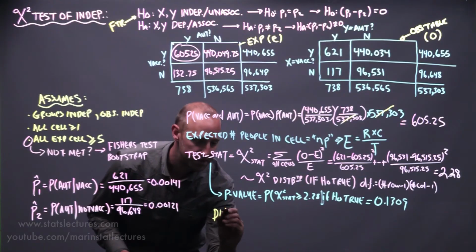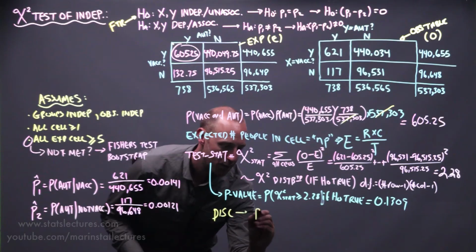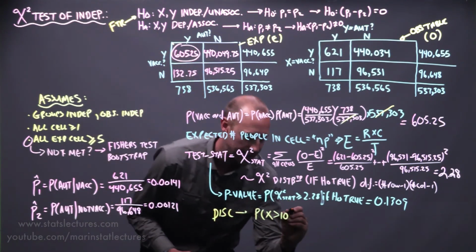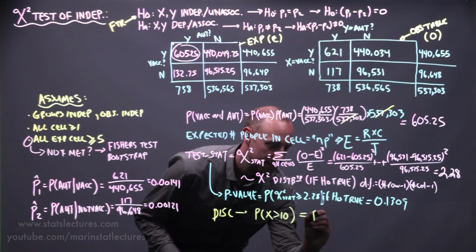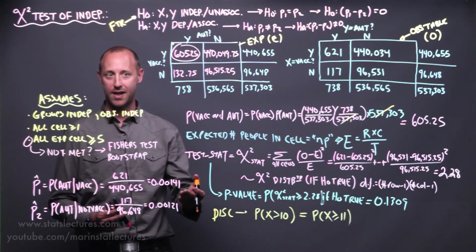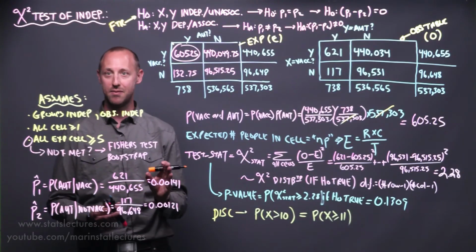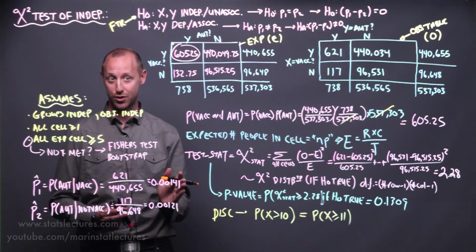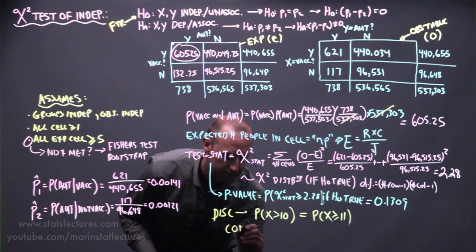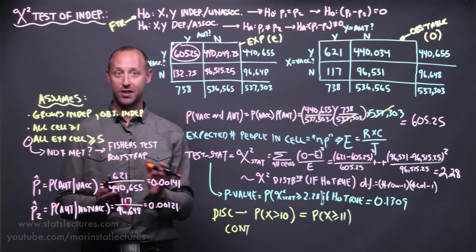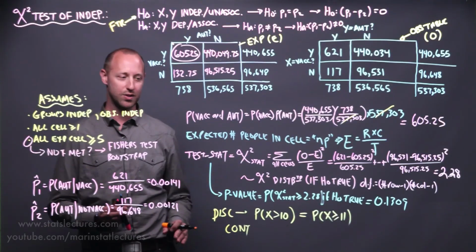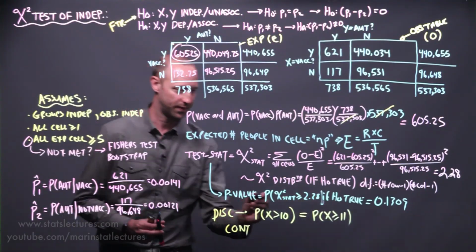So on a discrete scale, the probability that X is greater than 10, having more than 10 people in a particular cell, is the same as saying X is greater or equal to 11. More than 10, 11 or more mean the same thing when things only take on integer or whole values. On a continuous scale, if we're looking at something that can take on a value of 10 or 10.1 or 10.2 or so on, these mean different things. These are not equal.